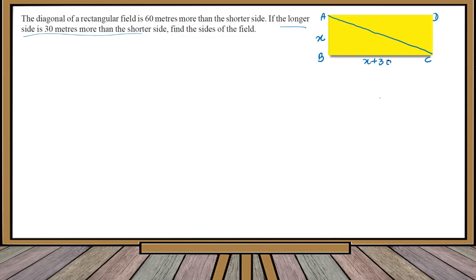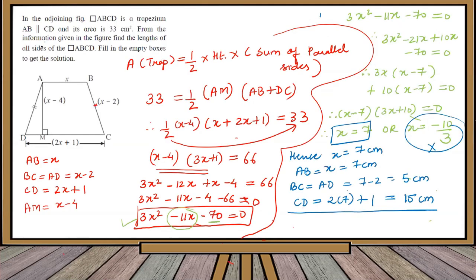And the diagonal is 60 meters more than the shorter side. So AC being the diagonal, it is X plus 60. Now, if you observe, this is a rectangle, and a rectangle will always have each angle as 90 degrees, right? So can I say that triangle ABC is a right angle triangle?